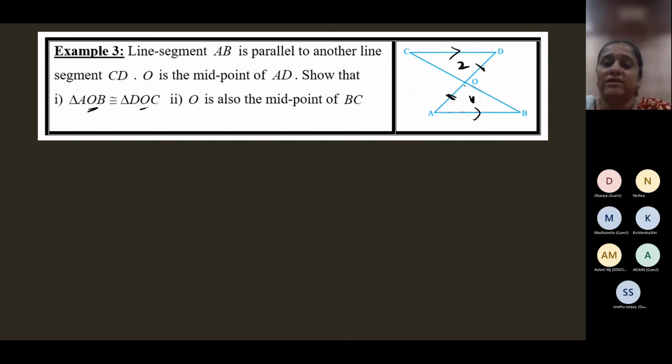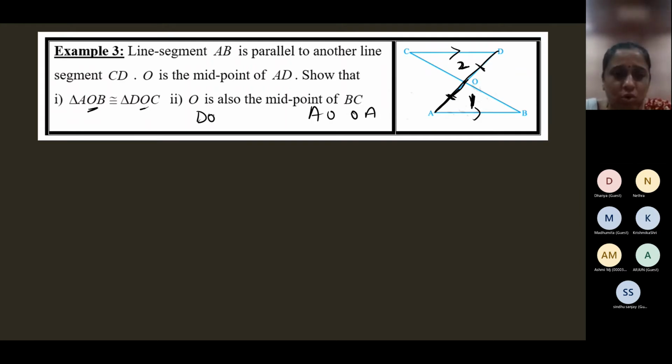So again, what to write about the two triangles? See, when you say triangles, either you will say side or angle, nothing else you have. So side OA of the first triangle is equal to the side DO of the second triangle. You can write AO, DO, AO, OA, both are the same.